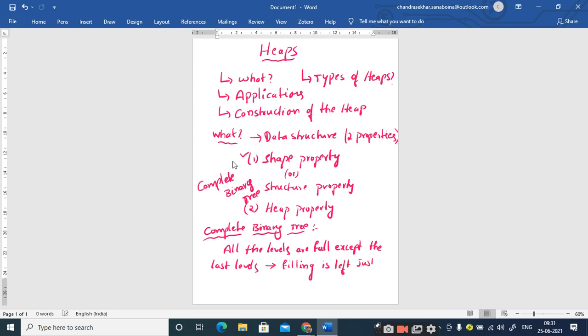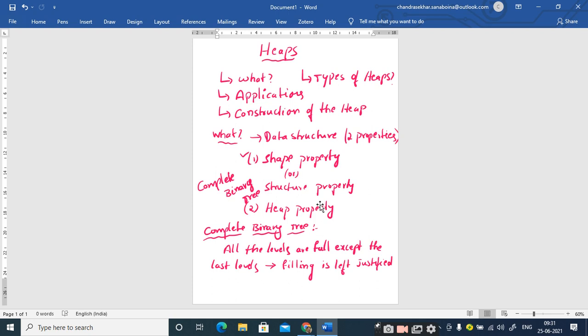What do you mean by left justification? That means you always start filling from the left-hand side only. You go to the deep left part of the binary tree and fill it from that place only. That is called left justification.